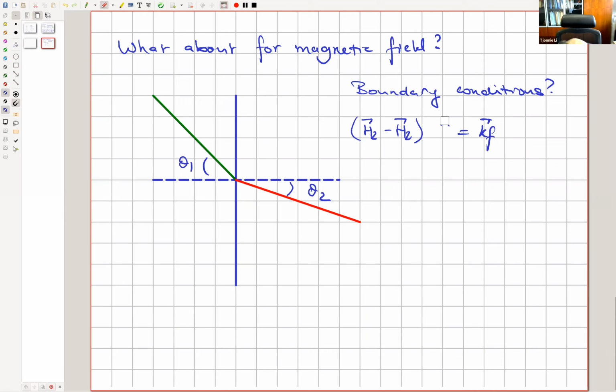I think it should be this way in order to get the right directions. But okay. What about the perpendicular component?